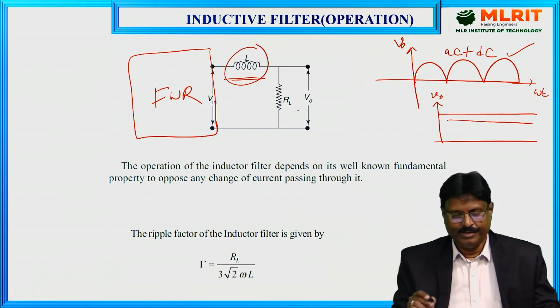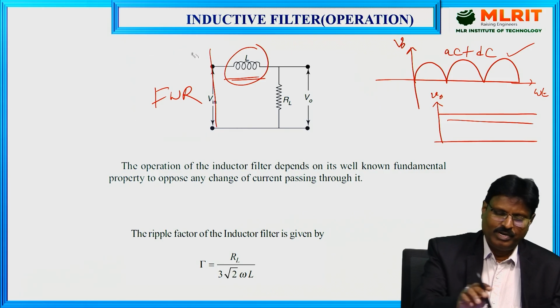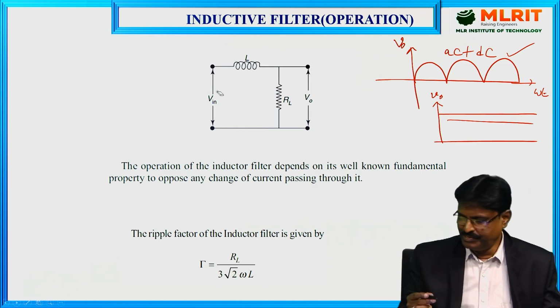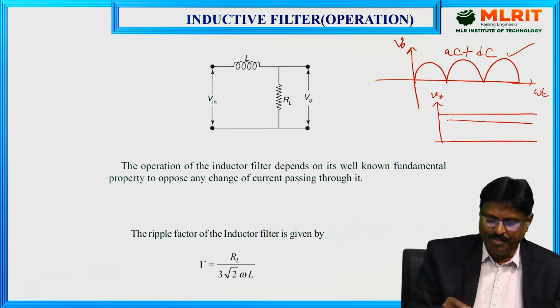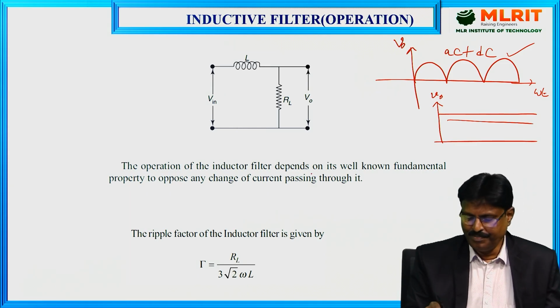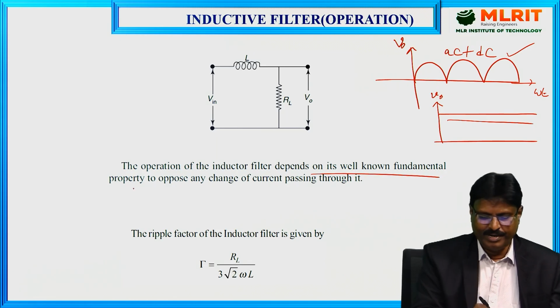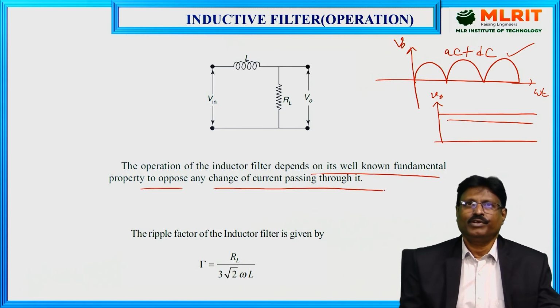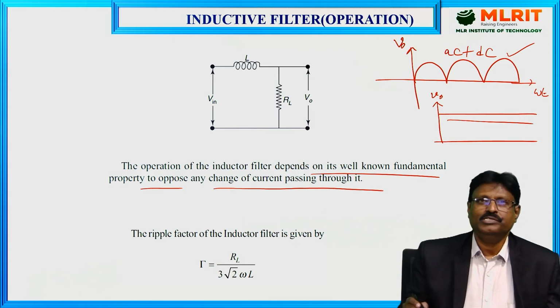The operation of the inductive filter depends on its well-known fundamental property to oppose any change of current passing through it. So it opposes any change of alternating current.